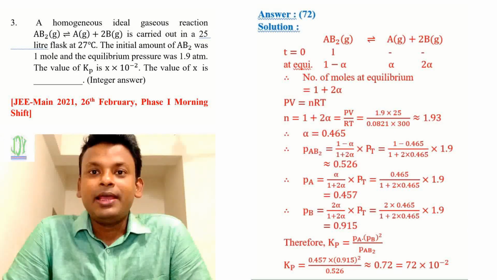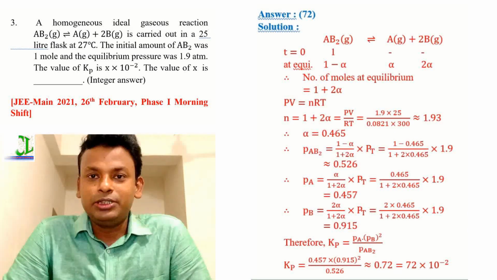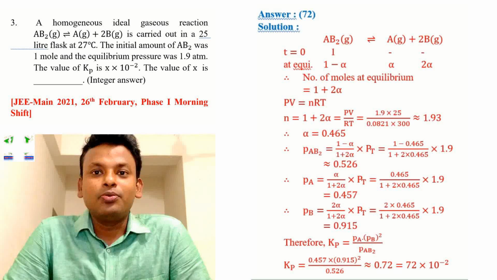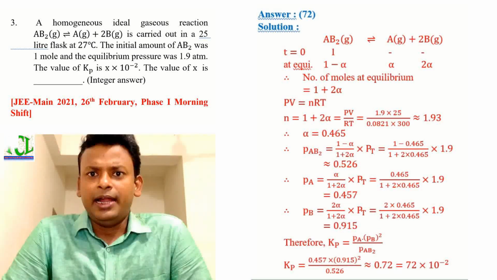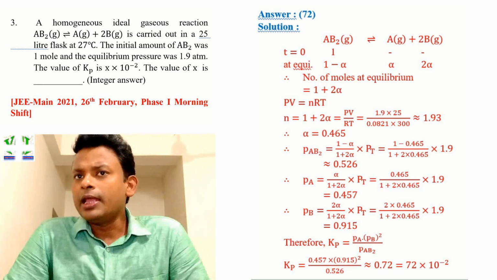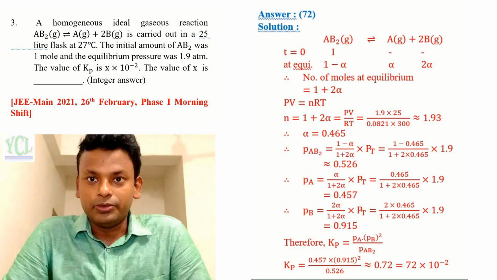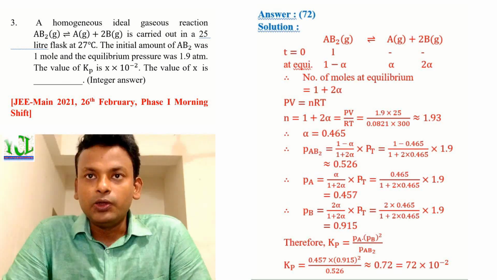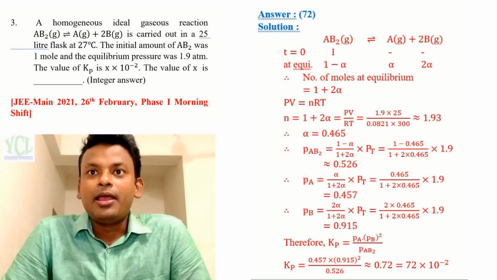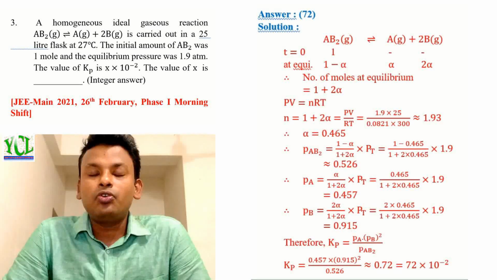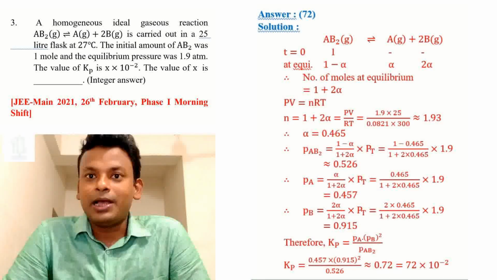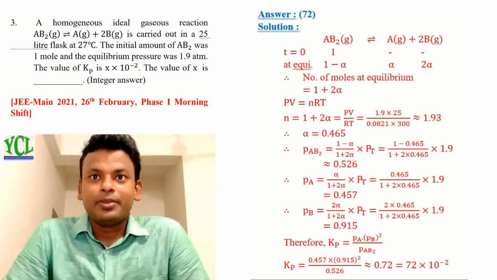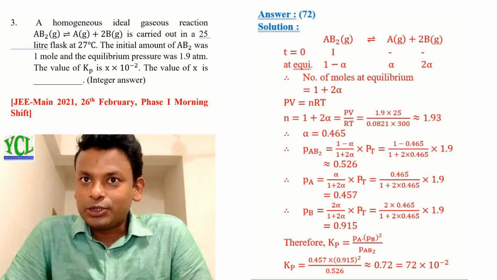The reaction is given. At initial time T equals 0, the number of moles of AB2 equals 1, and A and 2B equal 0, 0. At equilibrium, AB2 is 1 minus alpha, where alpha is the degree of dissociation, A is alpha, and 2B is 2 alpha. So the total number of moles equals 1 plus 2 alpha. And we know that PV equals nRT.